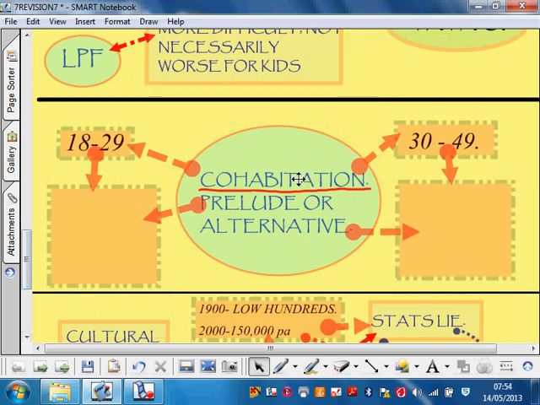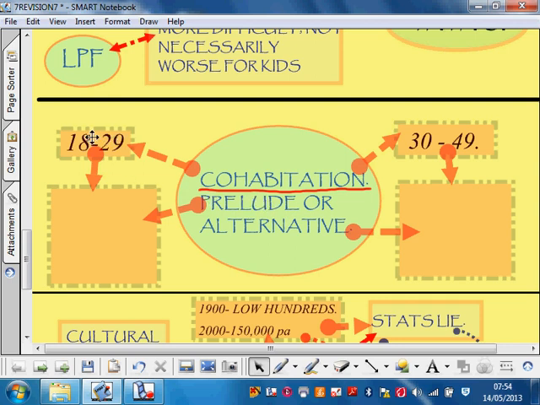Cohabitation, meaning living together without being married. It's gone up a lot in the last 50 years. As the social stigma has gone down, cohabitation has gone up. Now the question is, is it a prelude? Is it an alternative? A prelude is something you do before you get married. And what we think is, for people who are cohabiting between these ages, they're doing it before they decide to get married or not.